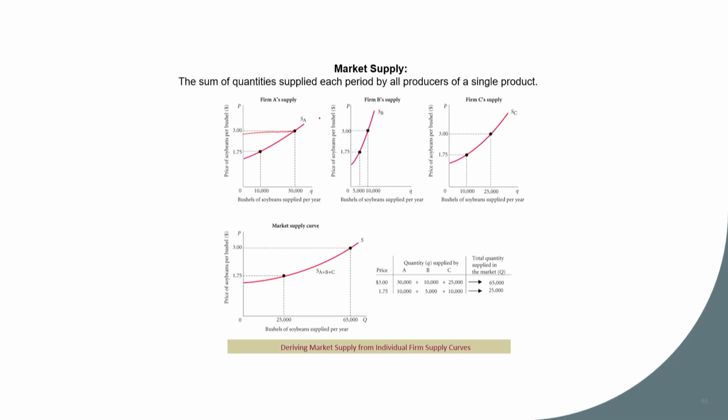For example, there are three firms, firm A, firm B and firm C. When the price is 5, we sum what firms A, B and C are willing to supply. When we sum it, we get the market quantity supplied. When we plot this, we get the market supply.